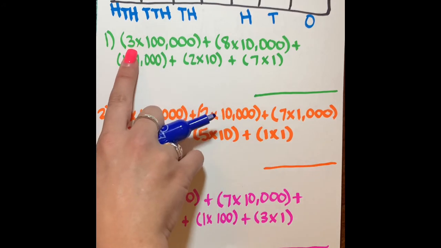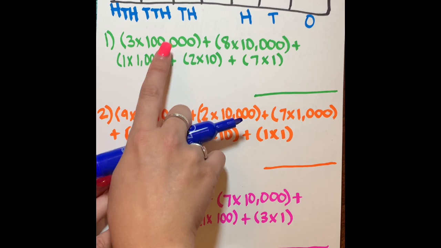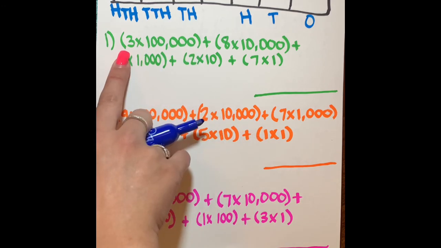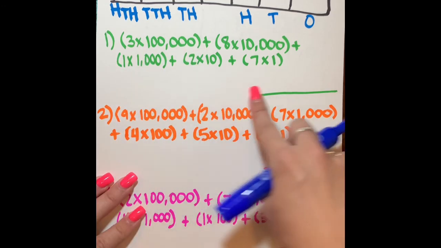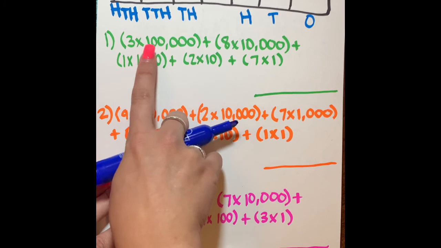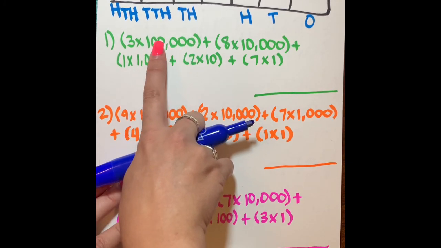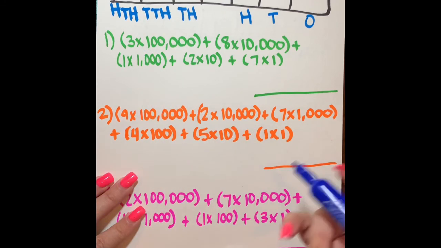So once again, this first number is telling me what number I'm using. This number tells me where it goes in my number sequence, okay? So 3 is my number, but I can't just write it anywhere here. Let's figure it out. It's in the ones, tens, hundreds, thousands, 10,000s, 100,000s.